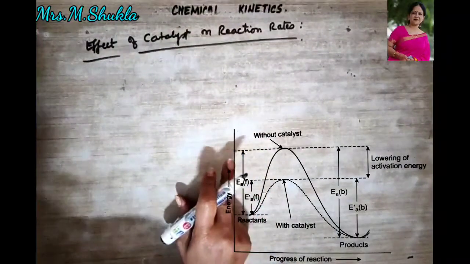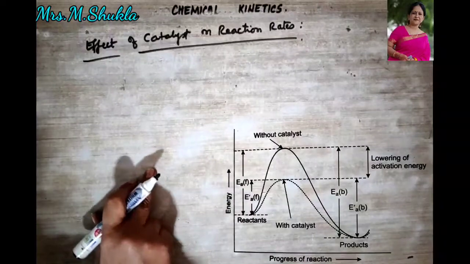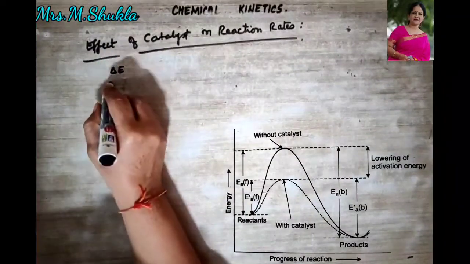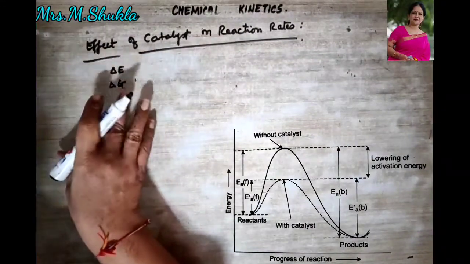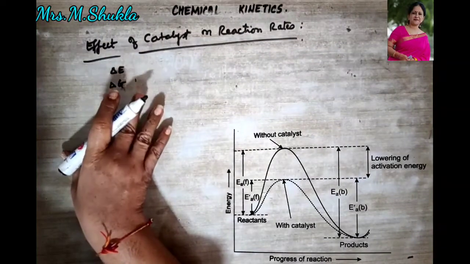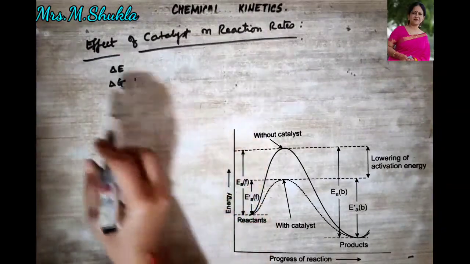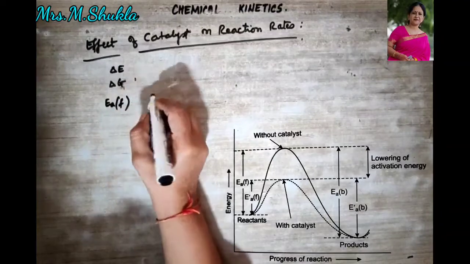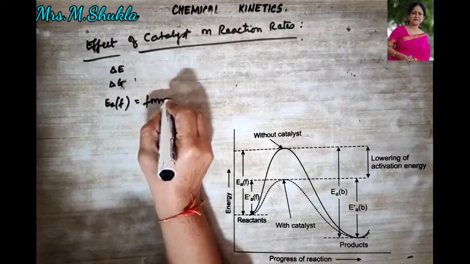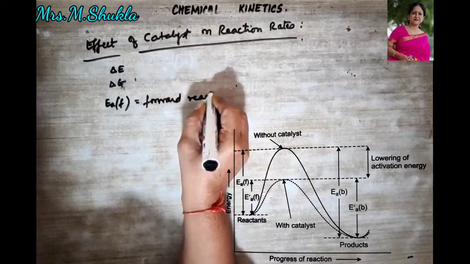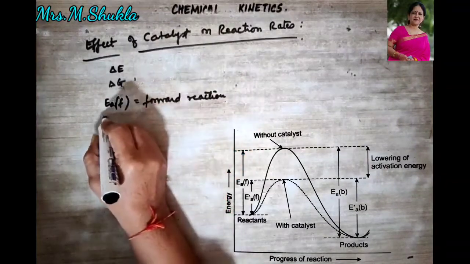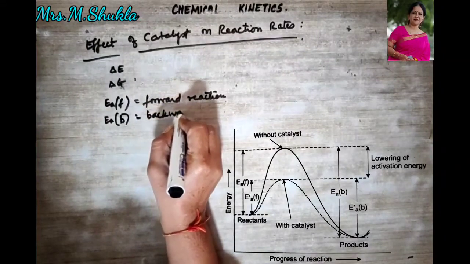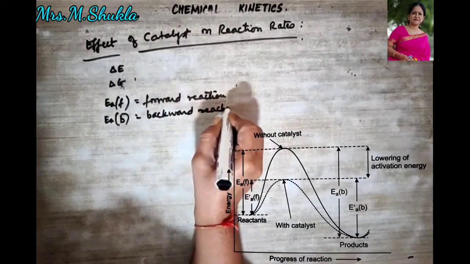If you look at the graph of it, you will also see that it does not change the energy of the reactants and products, and also the Gibbs energy of the reaction remains unchanged, right? So in the graph you will see that EA, if written with F, what does it mean? It means it is for the forward reaction, okay? And if it is EAB, it means the backward reaction.